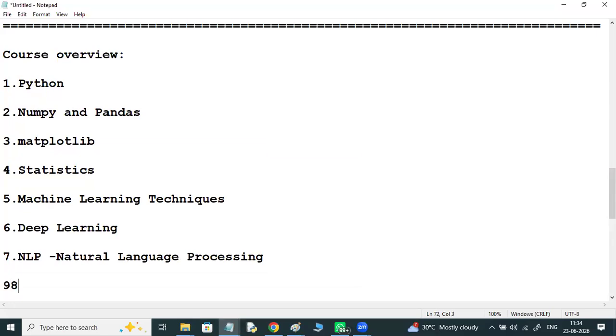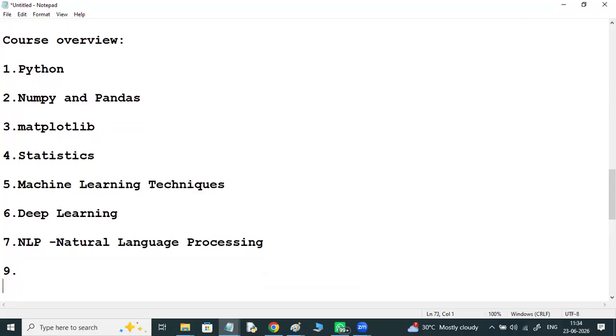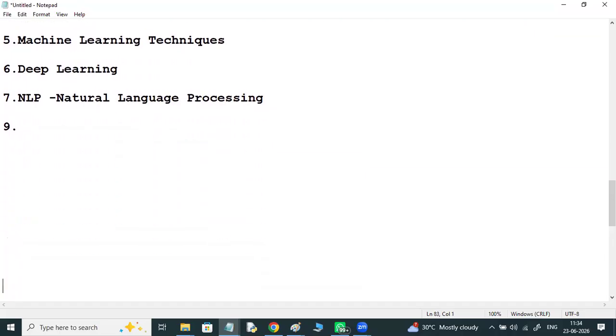And MLOps. MLOps means a set of practices combining machine learning development and operations, DevOps, in optimizing and streamlining the entire ML life cycle.